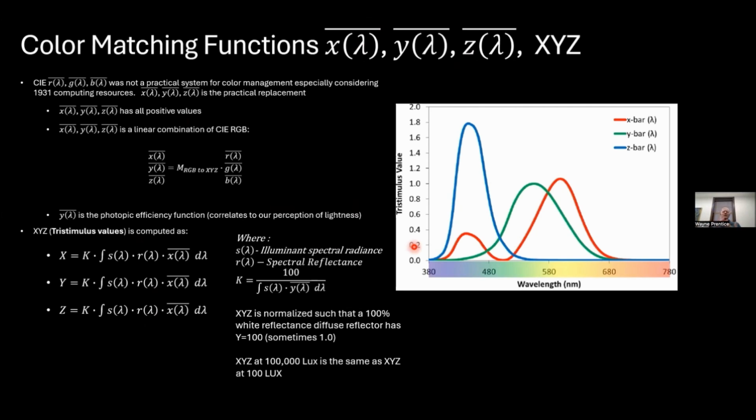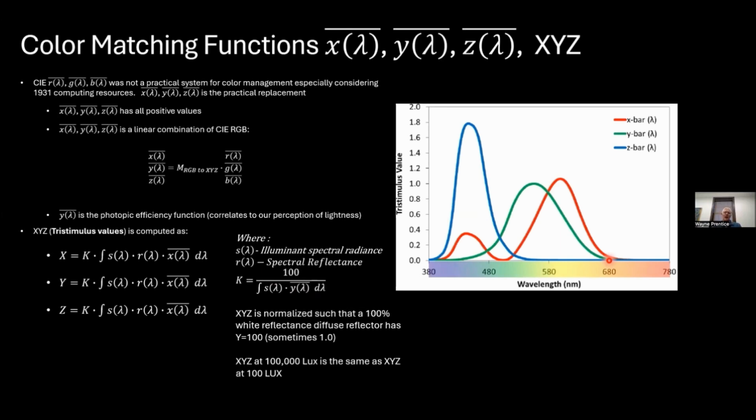And these integrals need to be normalized by this K factor. And this K factor, just to decode it here, is to basically say I take a 100% diffuse reflector and I normalize it so that it turns out to be a value of 100. In some systems, you'll see this is normalized to actually 1. So you've got to watch out for that.